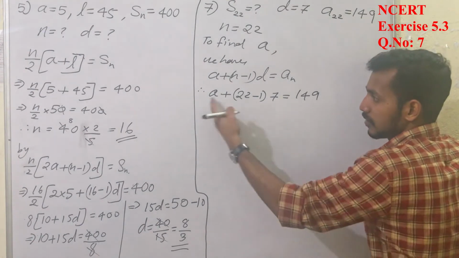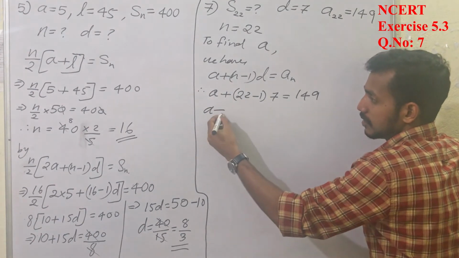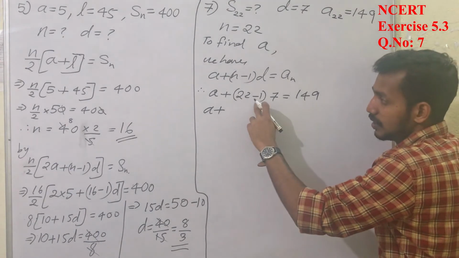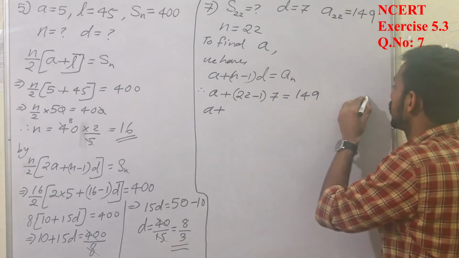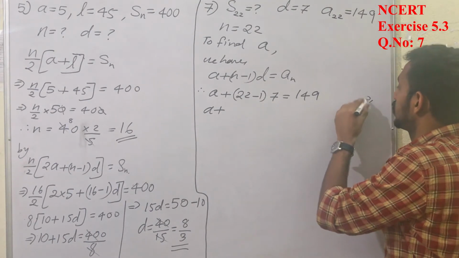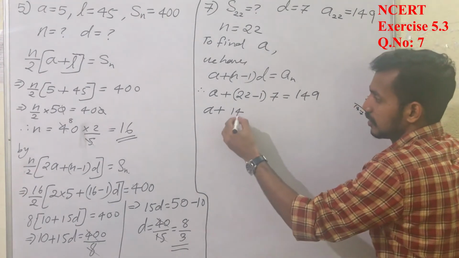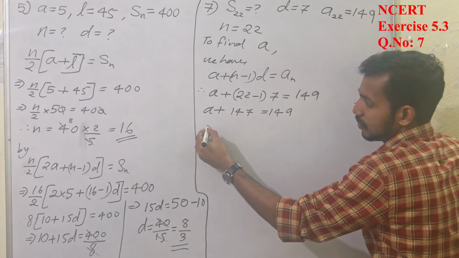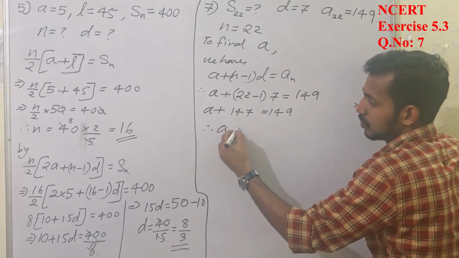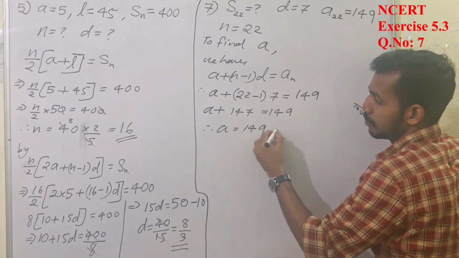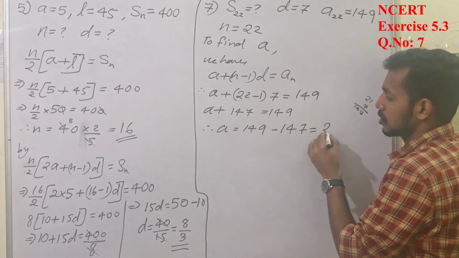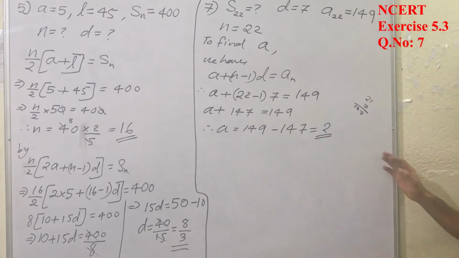Okay. Then a plus 22 minus 1 is 21. 21 into 7 will be 147 is equal to 149. Therefore, a is equal to 149 minus 147, which is equal to 2. So the first term we have got.